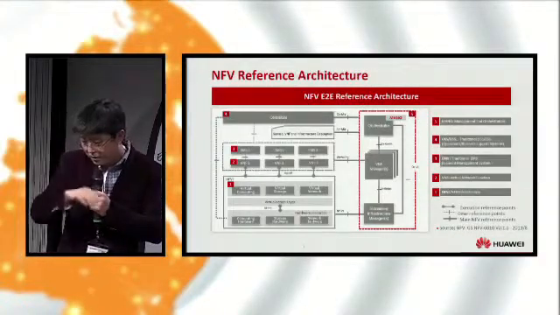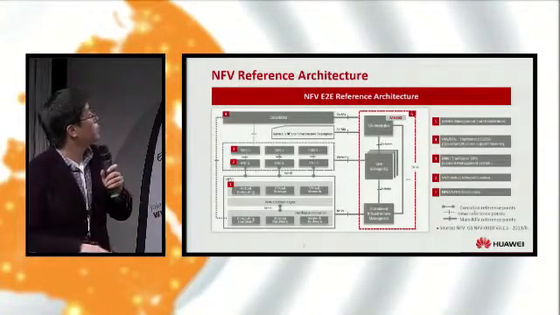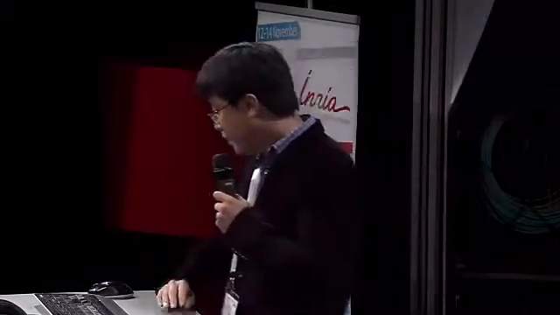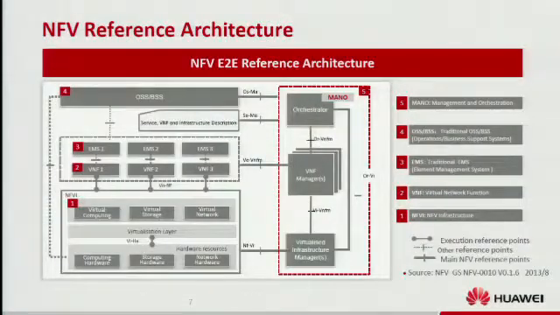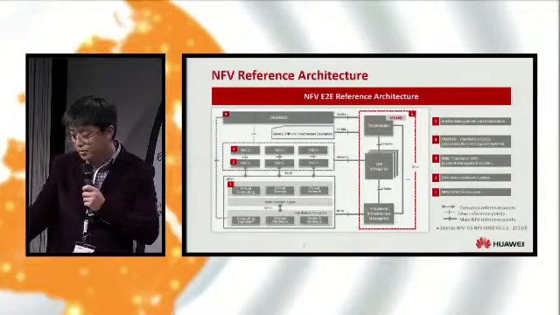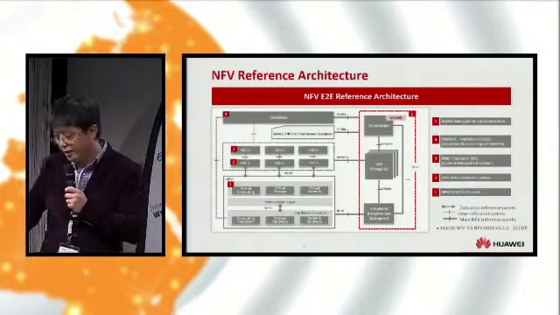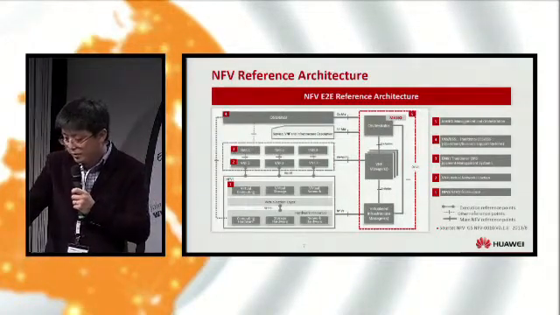So this is the NFV reference end-to-end architecture. If you look at that, there are several layers. The very bottom one is the commodity hardware, right? Then a layer up is a virtualization layer. Normally this is done by open source technology.